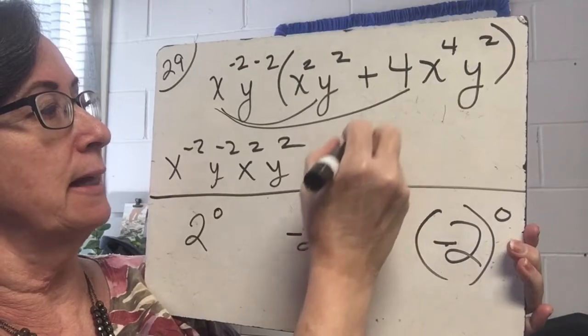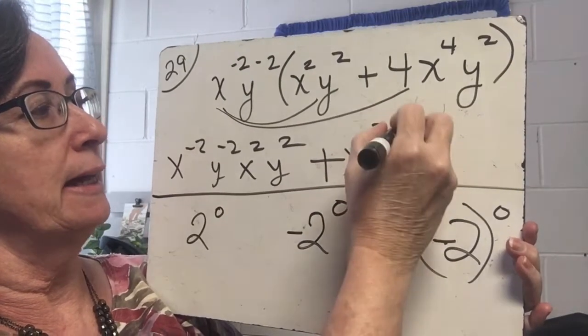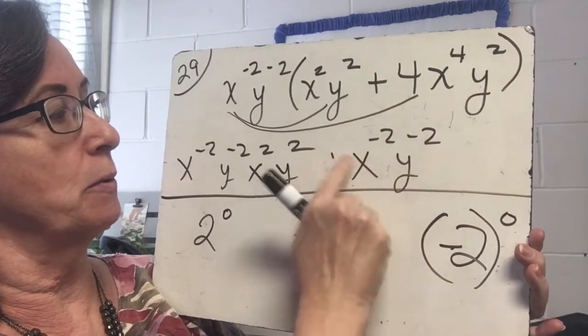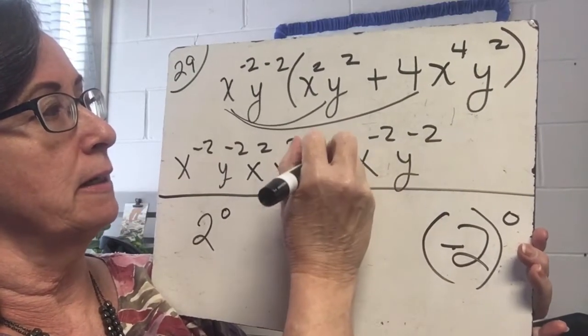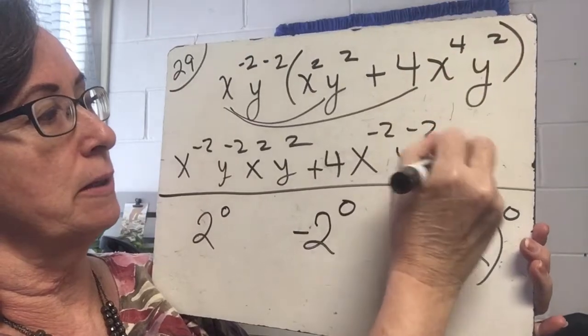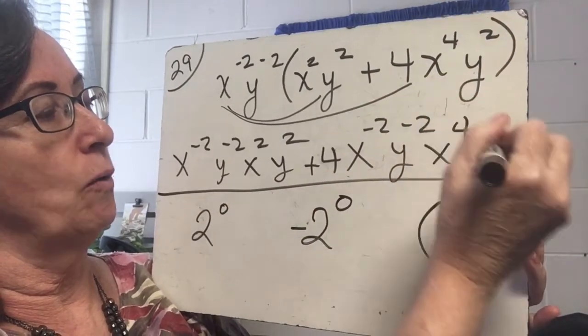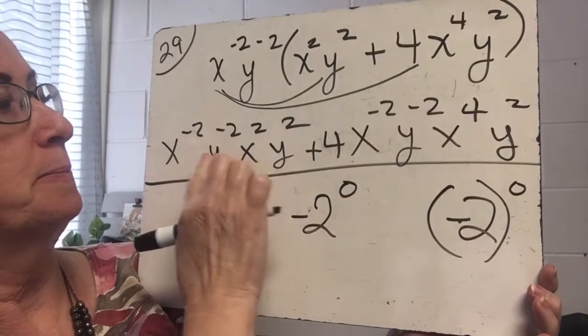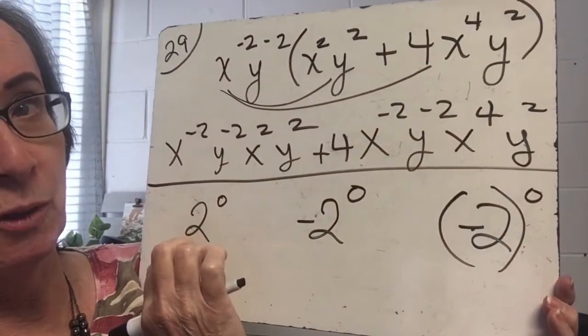So x negative 2, y negative 2, and then we have a 4, so we'll put the 4 on the front, x to the 4, y to the 2.